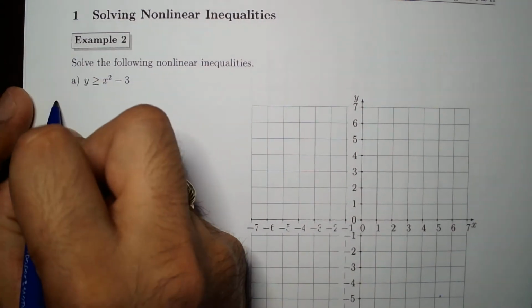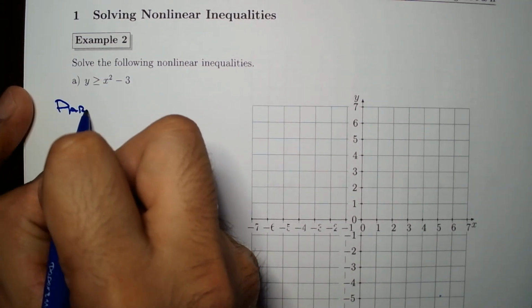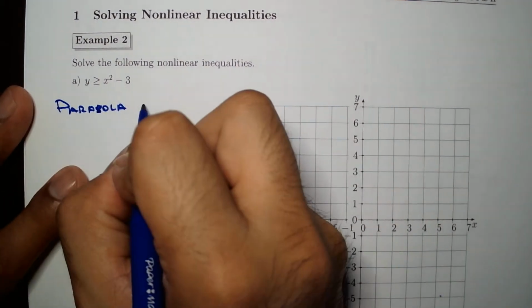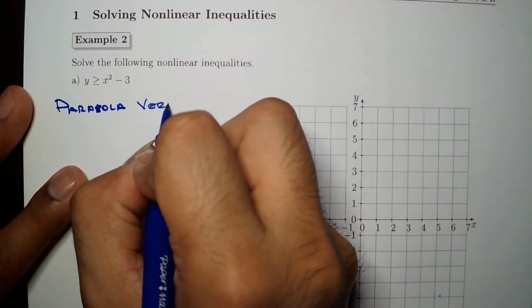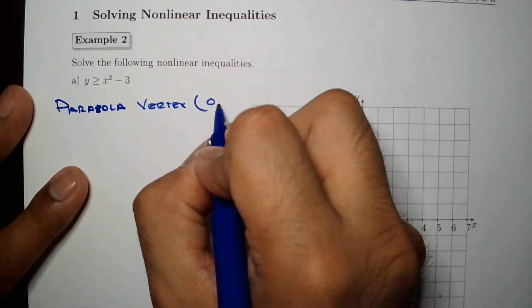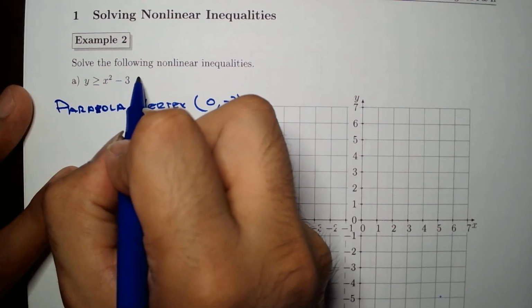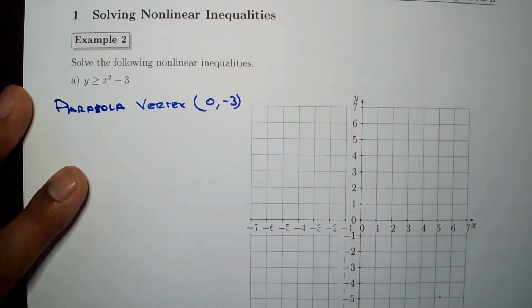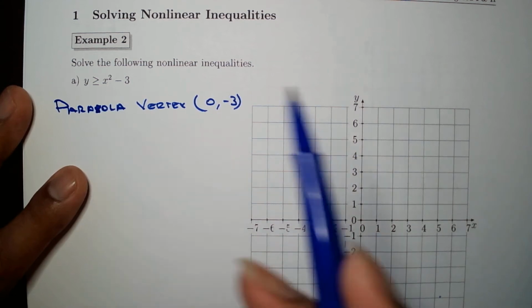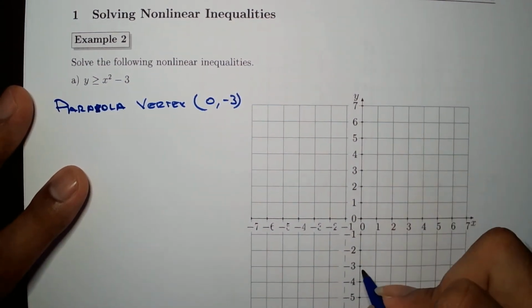All right, so in this case, what do we have? We have a parabola with vertex at the point (0, -3). It's actually shifted 3 units down, so I'm going to go down 3 units.